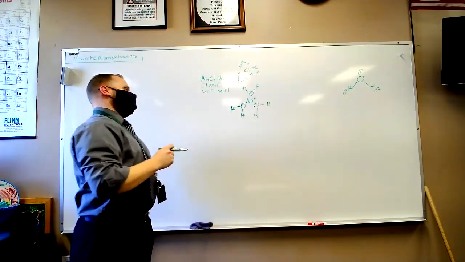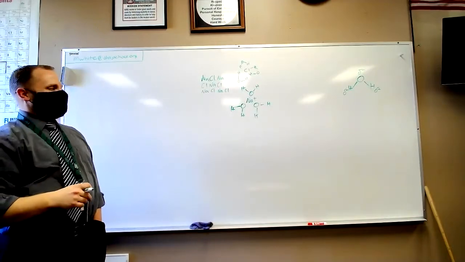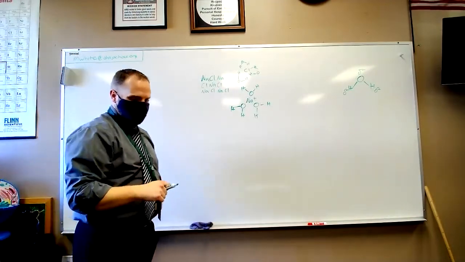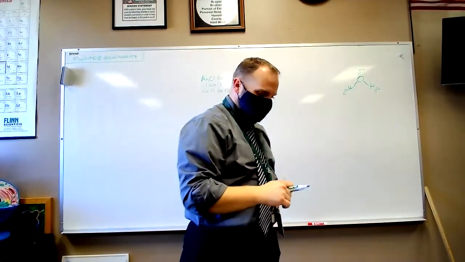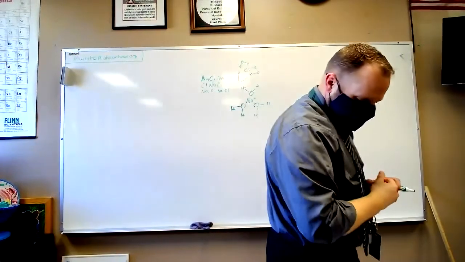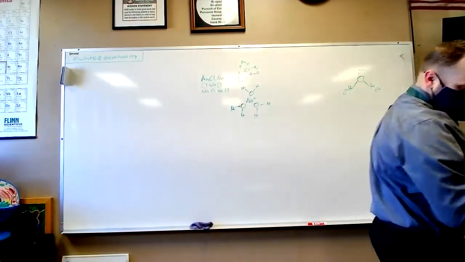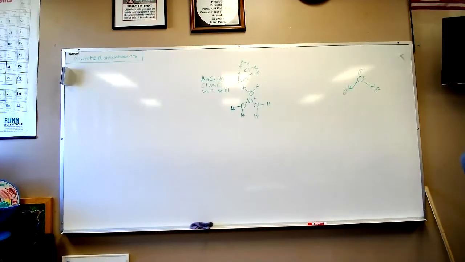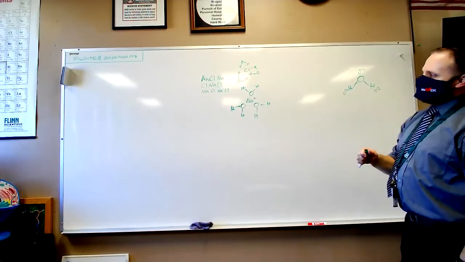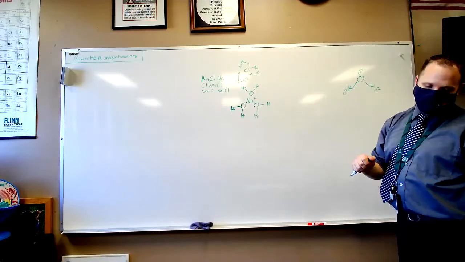And it can be more than 3. In fact, it often is more than 3. I'm only drawing 3. So that's basically what happens when we have some sort of solvation of an ionic compound.